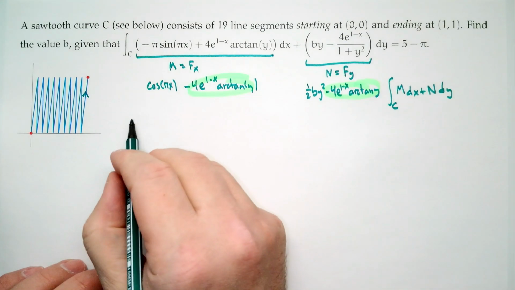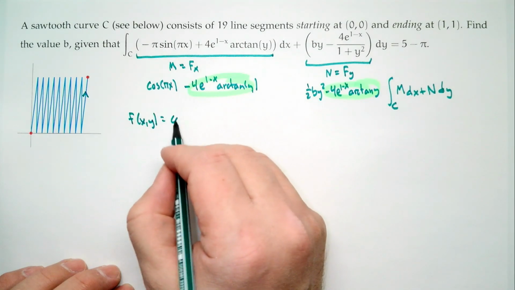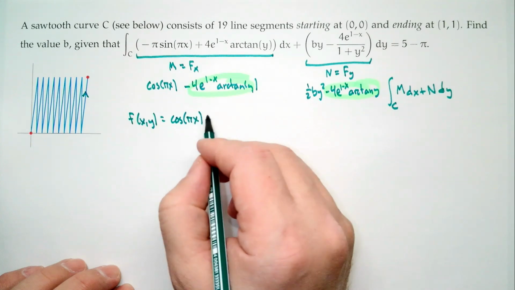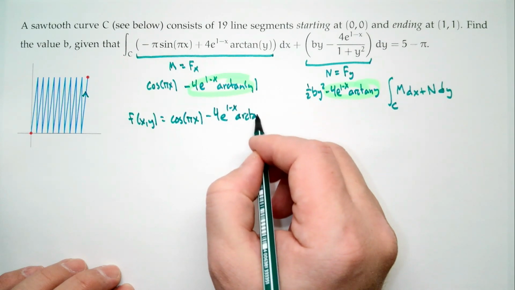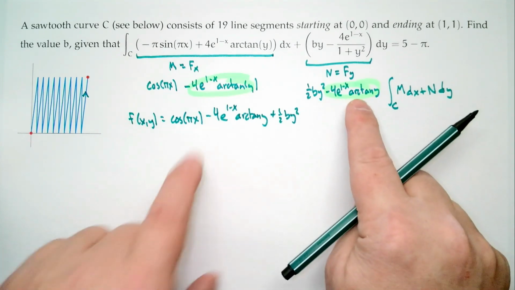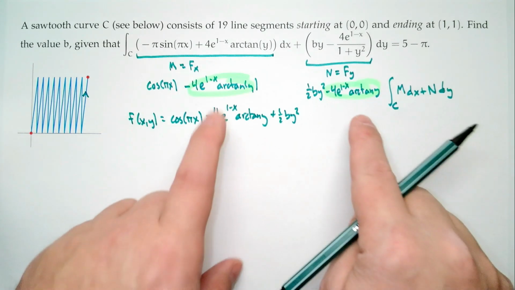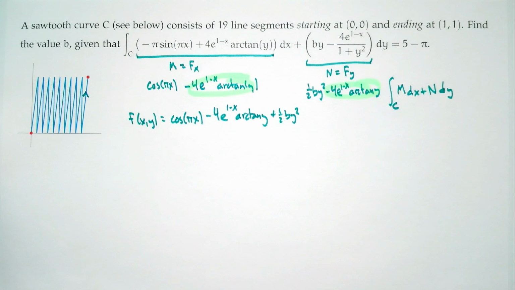And our potential function is the following. The cosine of pi x minus 4 e to the 1 minus x arctangent of y plus 1/2 b y squared. We don't need to have this twice because the reason it shows up twice is we have an x variable and a y variable involved.